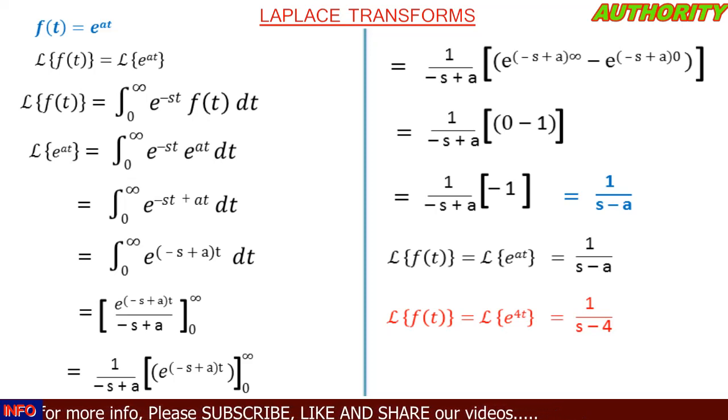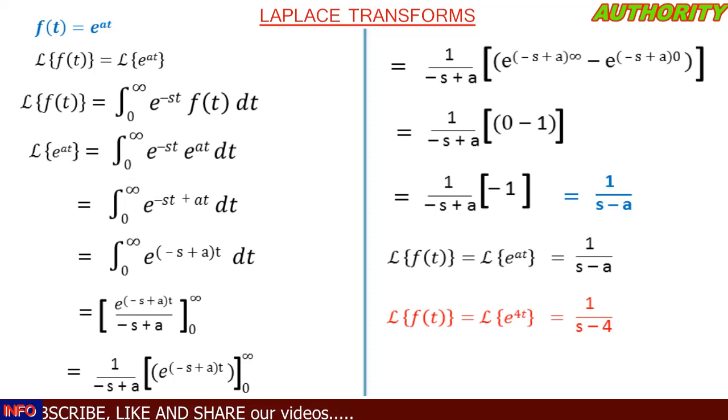The Laplace transform of e raised to power 4t is going to give us 1 all over s minus 4. In place of a, we replace it with 4. So this is it.